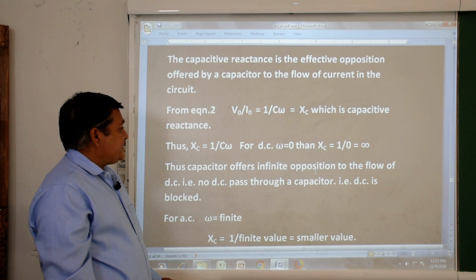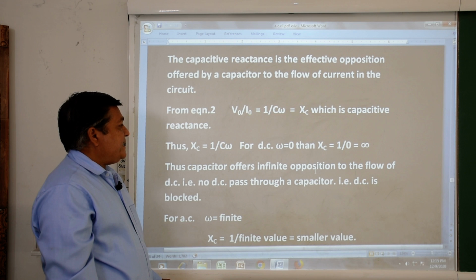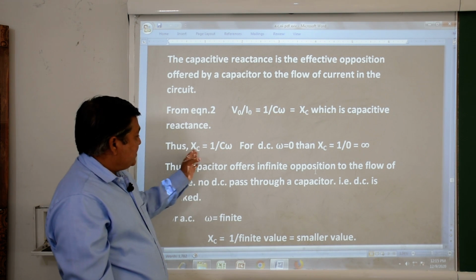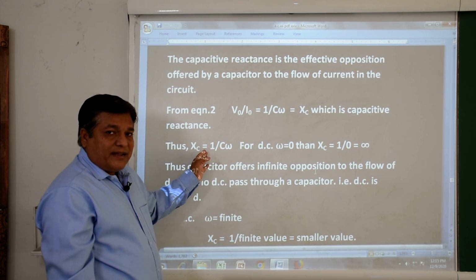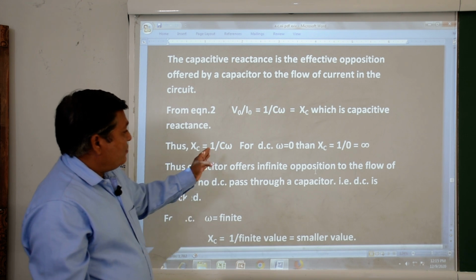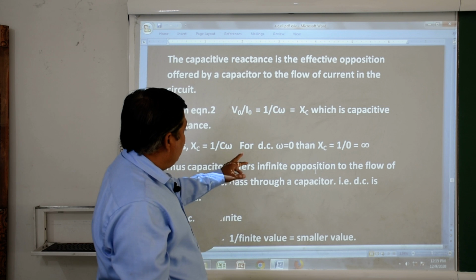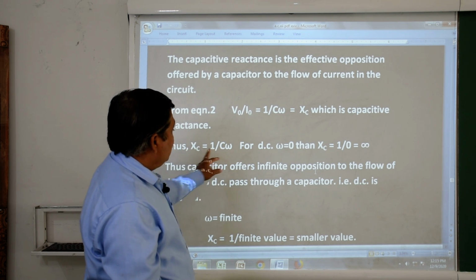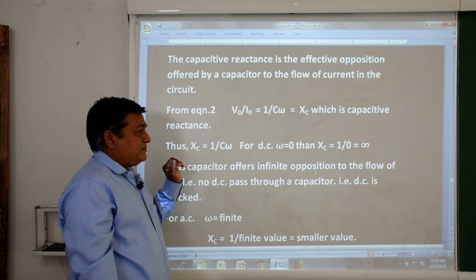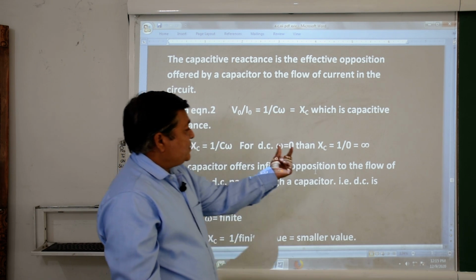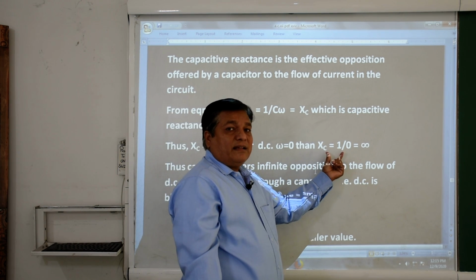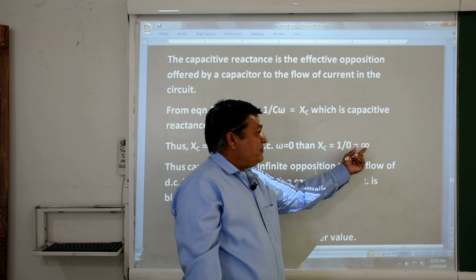If we apply this for DC and AC in the case of capacitive reactance: for DC, omega, the angular frequency, is equal to 0. If we place the value 0 here, the term Xc becomes infinite, meaning the opposition created in this circuit is infinite.